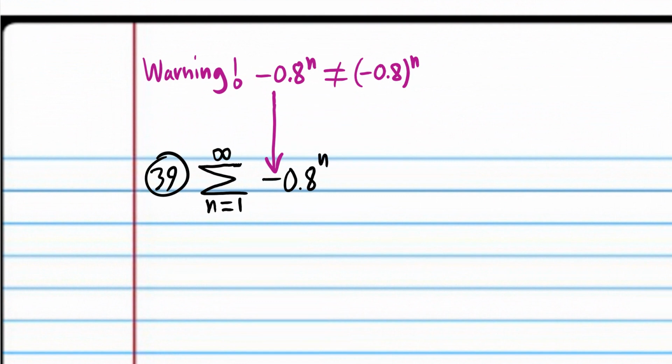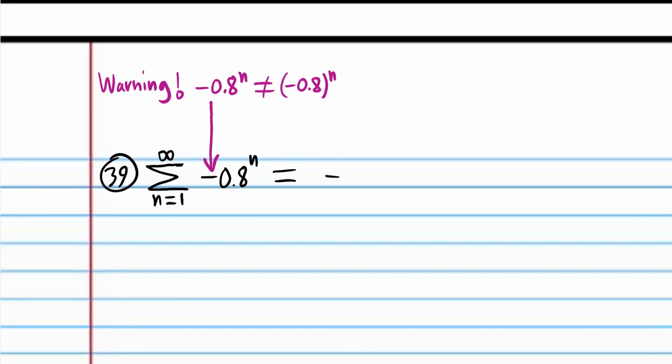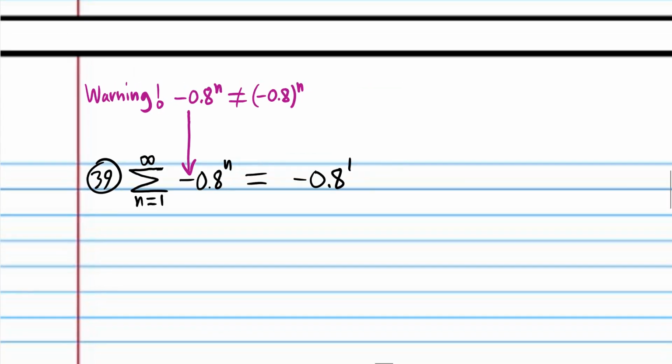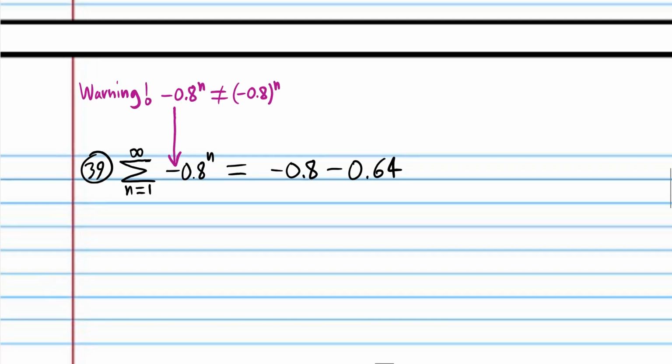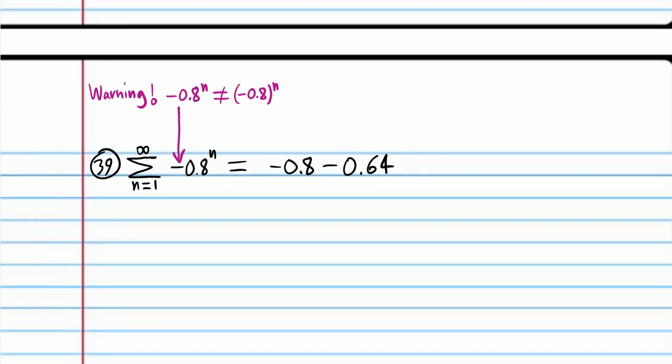Okay, we're back. So you may have been a little confused by this, but just to make sure that you know exactly what's happening, we have -0.8, and then we have -0.64. So notice that the sign didn't change, because -0.8 to the n is the same thing as -1 times 0.8 to the n, which means that this green -1 is not attached to the n at all.